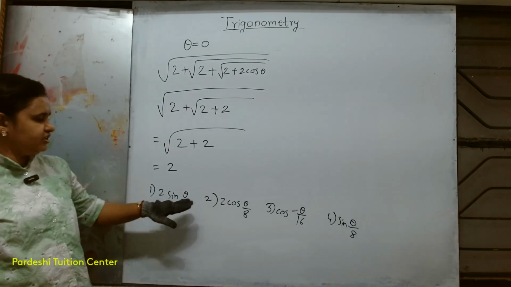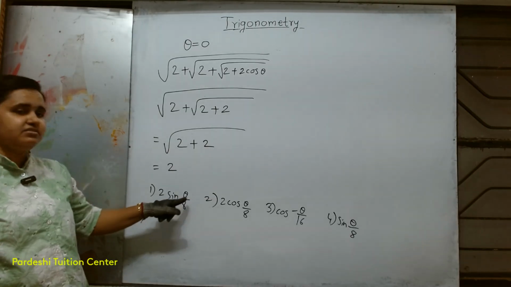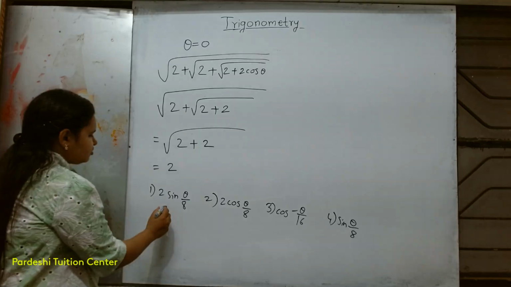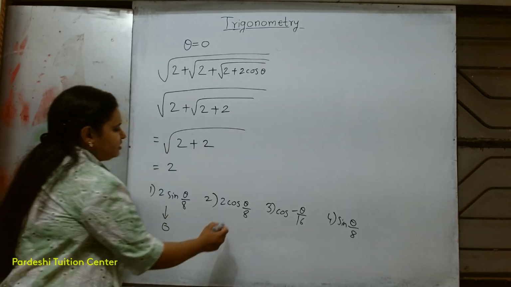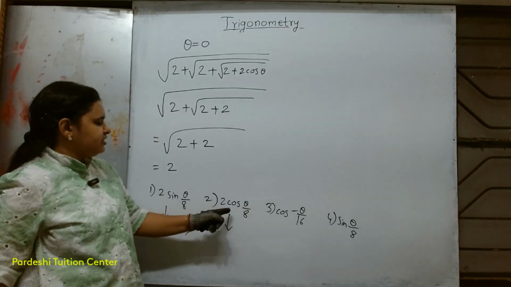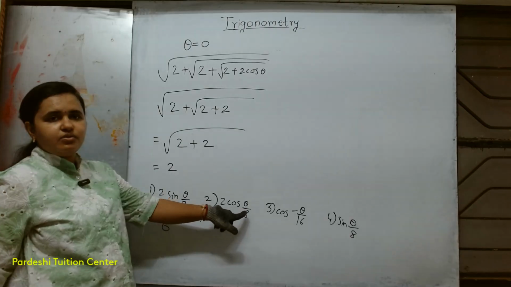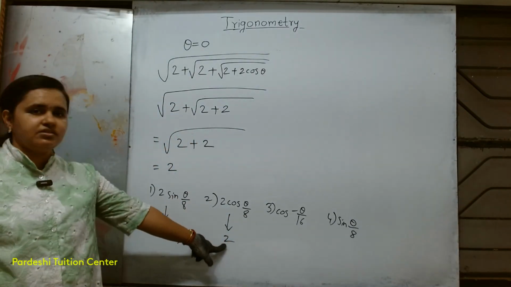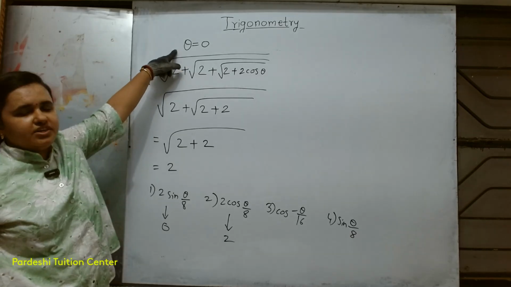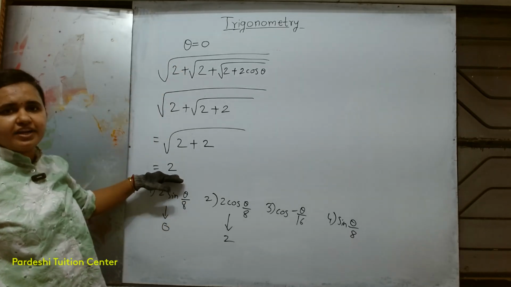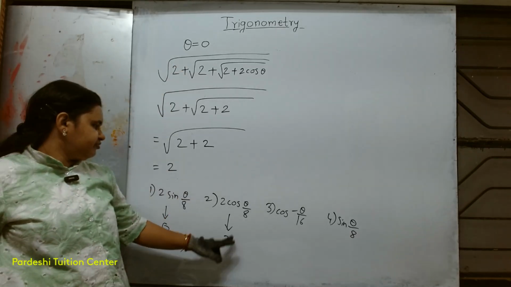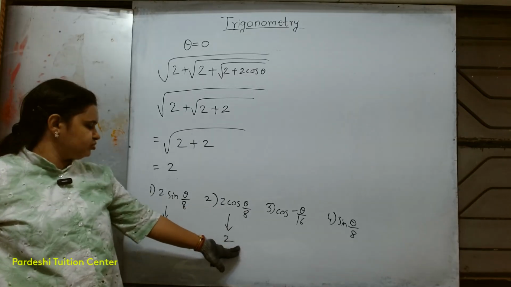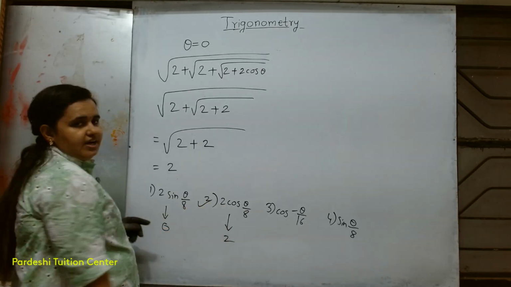If I put 0 in sin, sin 0 is 0, and 0 upon 8 is 0, so the answer for this is 0. Now in the second option, cos 0 is 1, and 1 multiplied by 2 is 2. From the question, if I put theta as 0, we have calculated 2, and in the second option with theta as 0 we also get 2. So the second one is the answer for this question.